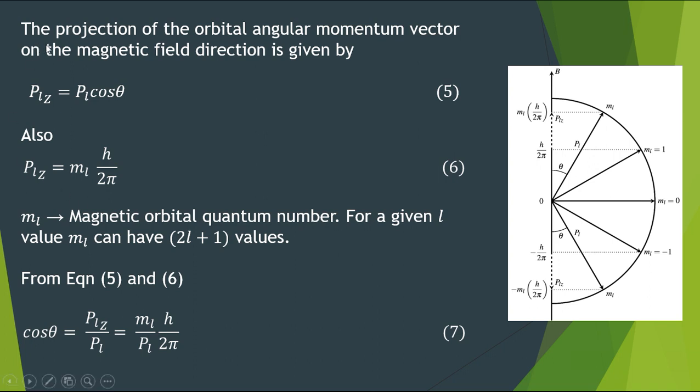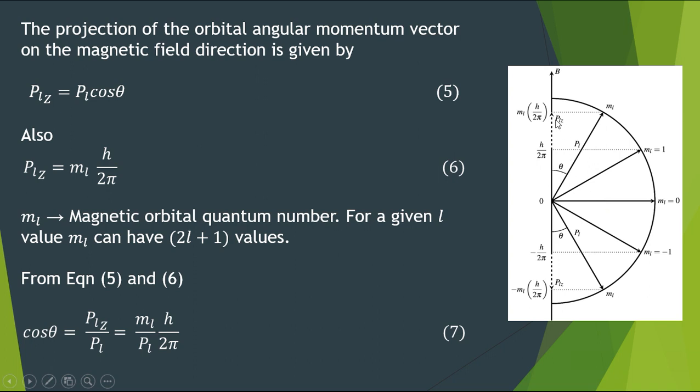We know that the projection of the orbital angular momentum vector on the direction of the magnetic field is always represented by PLZ. So in this diagram, this is the orbital angular momentum vector PL, and this is the direction of the magnetic field. The angle between the two is equal to theta.